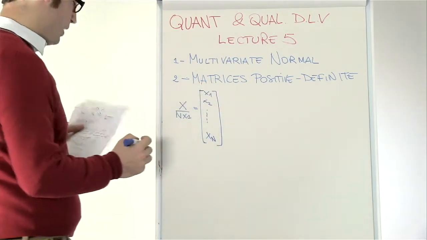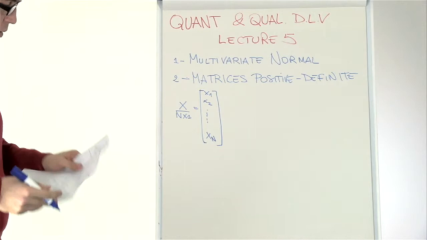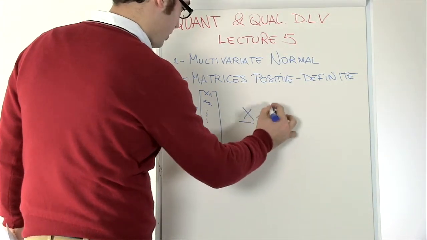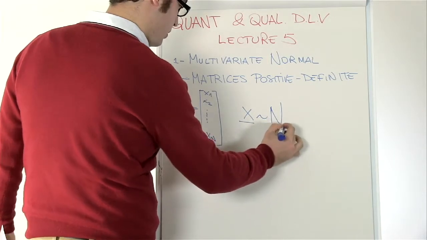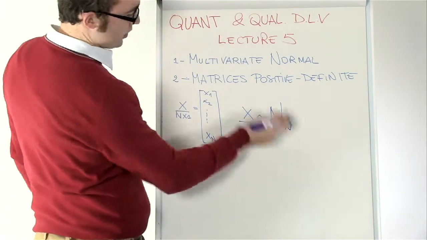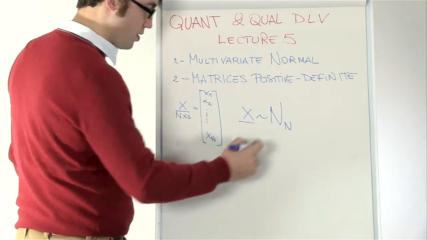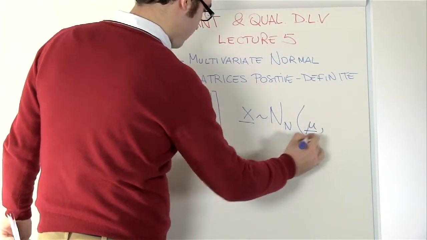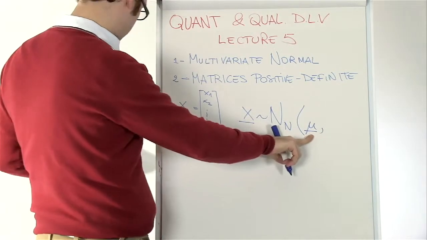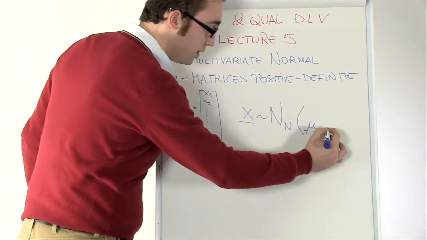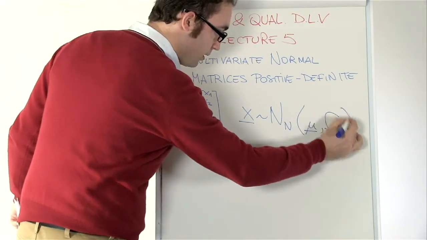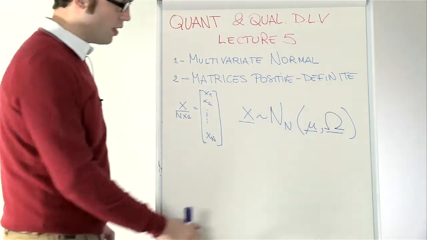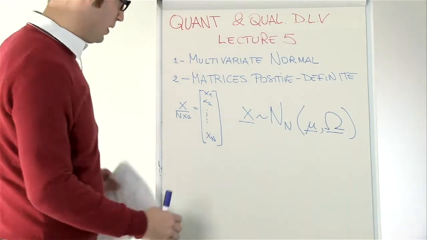If it is normally distributed, then we can say that x is a multivariate normal with n variables inside the vector, with mean mu, where mu is a vector, and the matrix of variance and covariance is indicated by omega.